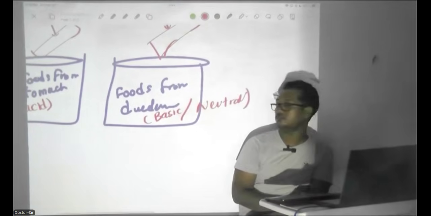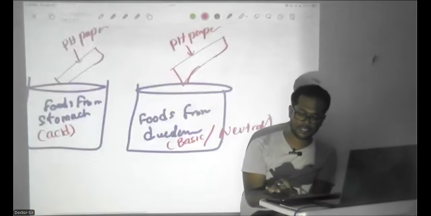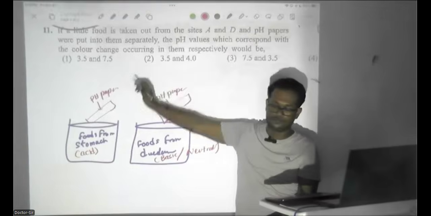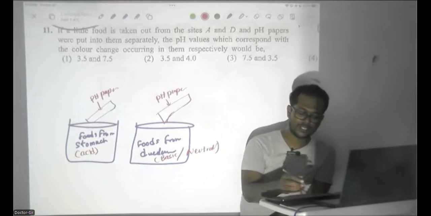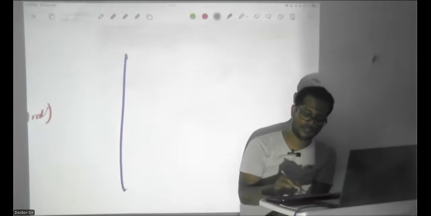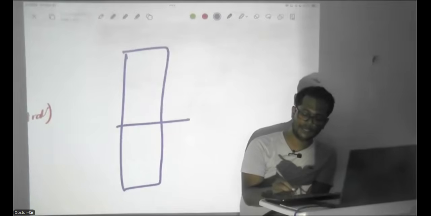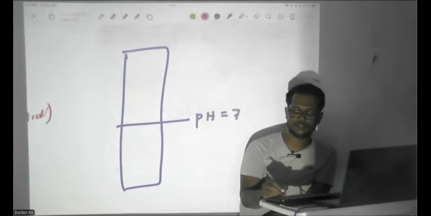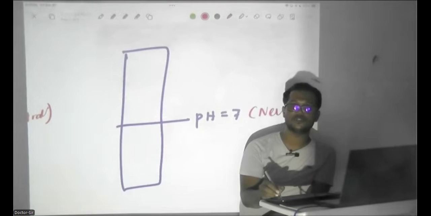Now, what are the acid pH values for that? First one, 3.5. Do you know what pH scale we are using here? pH 7 is usually called the neutral pH value.